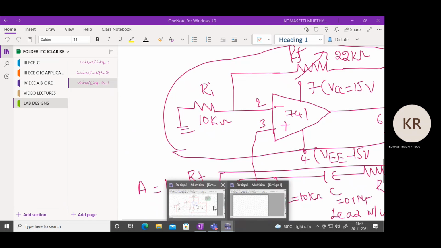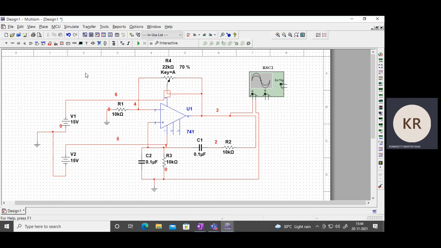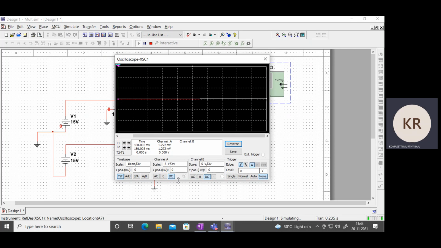Okay, this one. Next step is simulate by using that red pattern. Simulate this one.